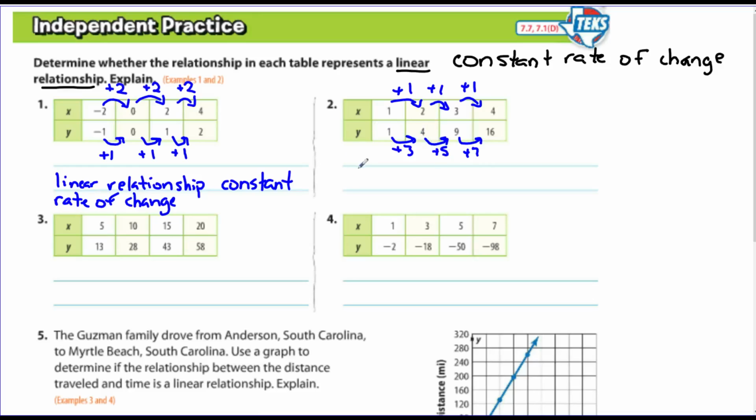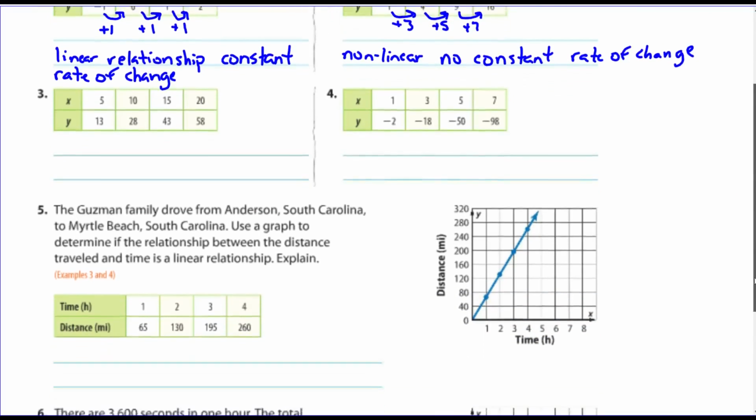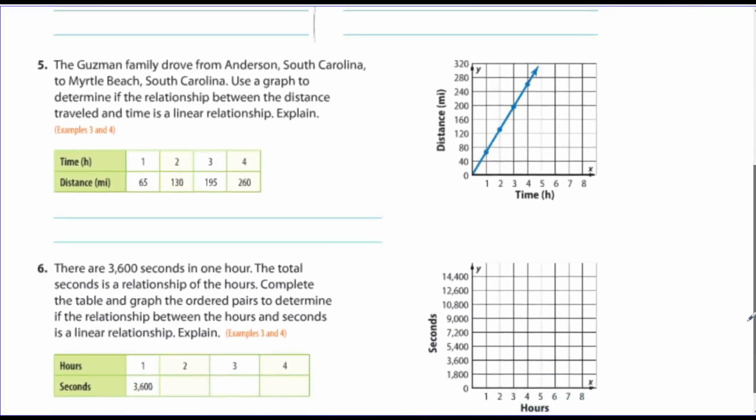It's not constant. So we say this is non-linear. There's no constant rate of change. Okay, and you do the same thing for 3 and 4. So draw your arrows, show the work, don't be lazy.